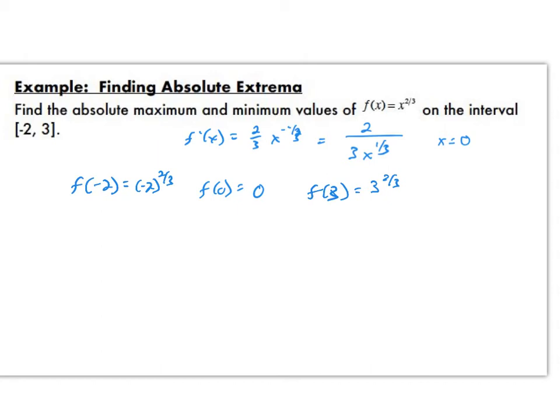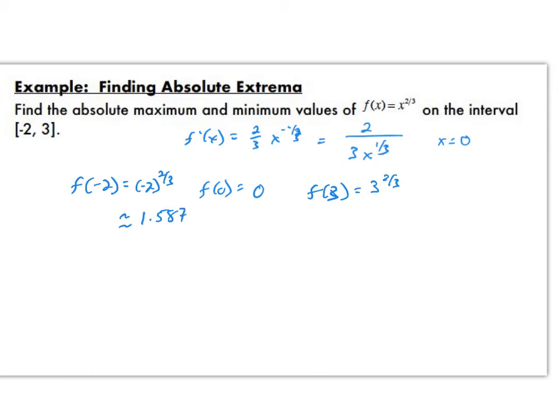Okay, so I'm going to reach for my calculator on this one and see if I can find out what the approximate value is. And if I punch this one in for f of negative 2, I'm going to wind up getting 1.587.